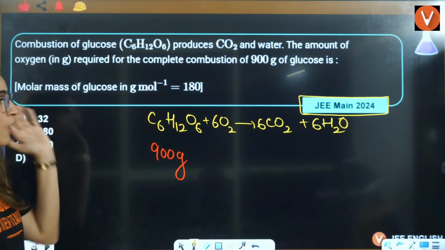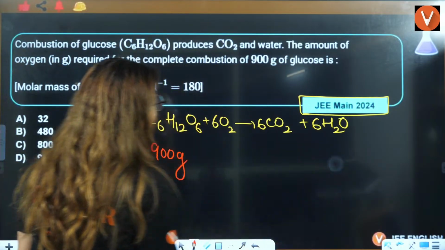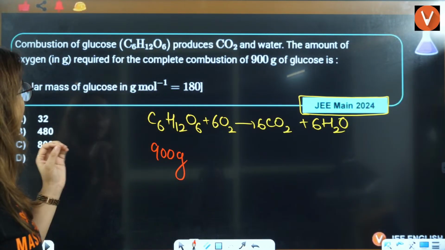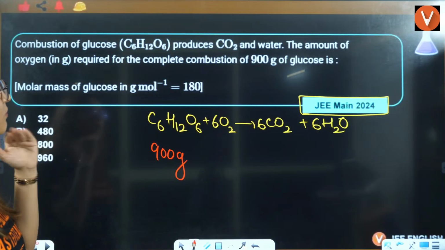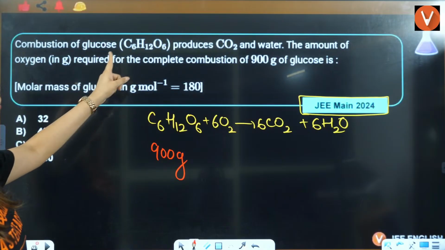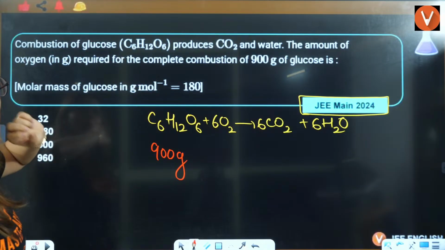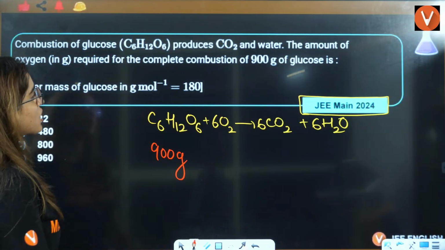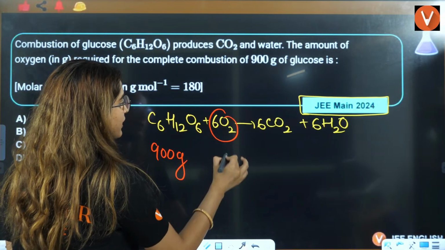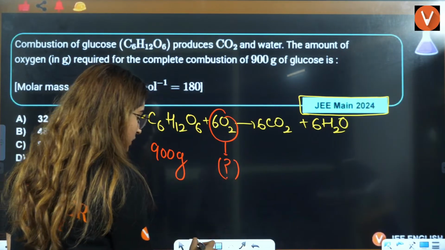Once you balance the equation, they are saying that you have 900 gram of glucose. You can do it in multiple ways. Combustion of glucose produces CO2 and water; the amount of oxygen in grams is what you have to calculate, that is, how much oxygen is required for the complete combustion. Quite simple, right?